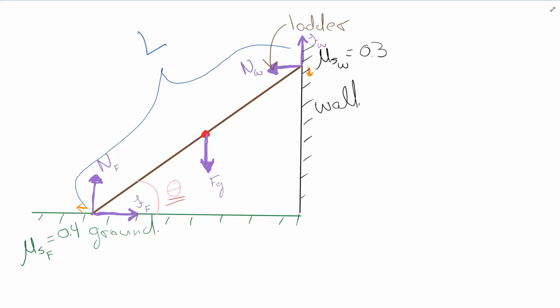But we know that if we're going to solve for torques, I need to pick or establish an axis of rotation. Without an axis of rotation, I can't find lever arms because the lever arm always goes from the axis to the force. Now we can pick any point that we want to be our axis of rotation, because if any one point would produce a system in static equilibrium, then all points would produce a system that's in static equilibrium, in this case, in all cases that are static actually.